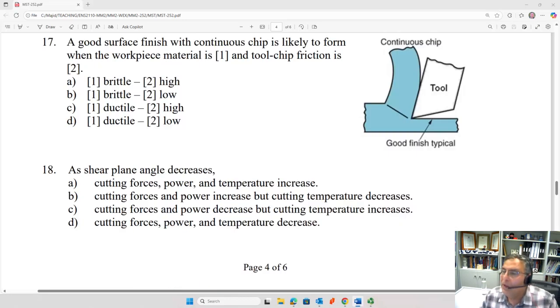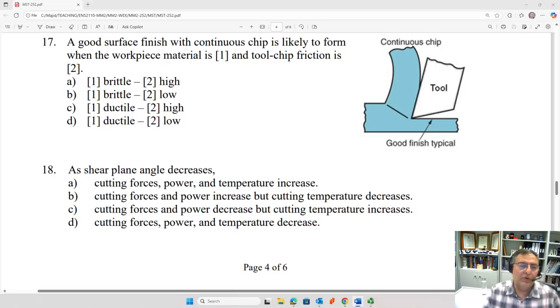Question 18. As shear plane angle decreases, cutting forces, power, and temperature increase. This is correct. This is on the basis of the materials we discussed in the machining theory, and as shear plane angle increases, cutting forces, power, and temperature decrease.